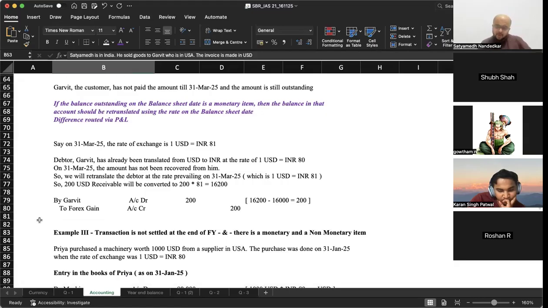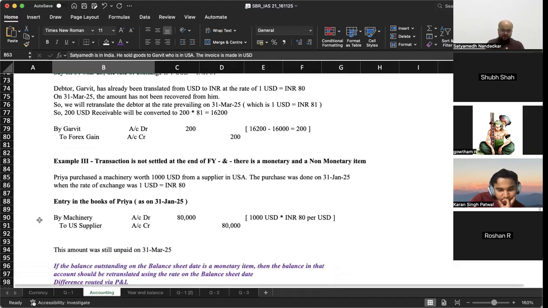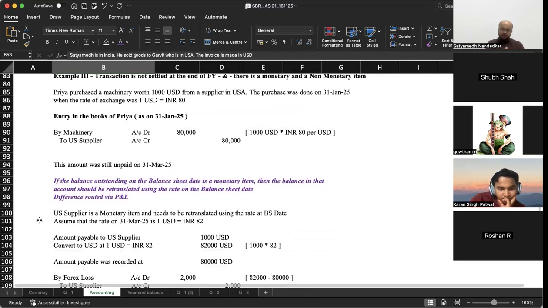Now if there is a non-monetary item involved, then that non-monetary item is not retranslated on the balance sheet date, only the monetary item is retranslated. Look at the transaction once, look at the basic info that they have given.